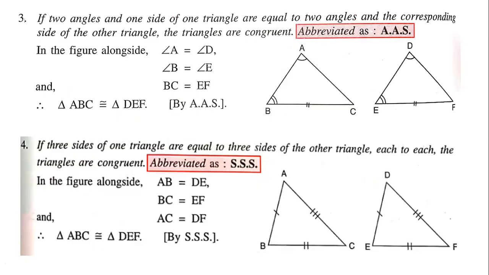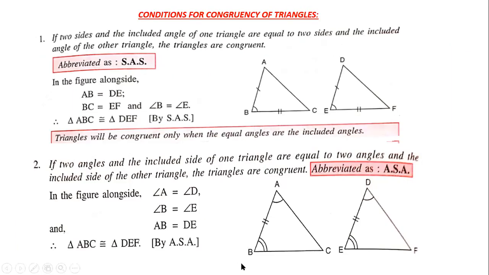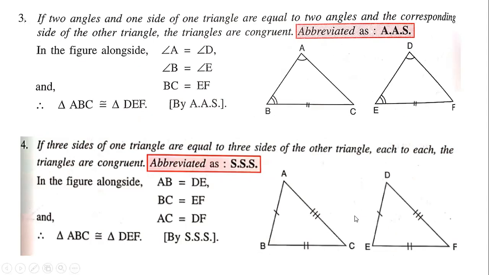This is angle, angle, side. See, there is a difference from angle, side, angle. Here also two angles are there, but the side is written in between those two angles, so we have to check the included side. If we are going to use angle, angle, side, that means we are not dealing with the included side of those angles.